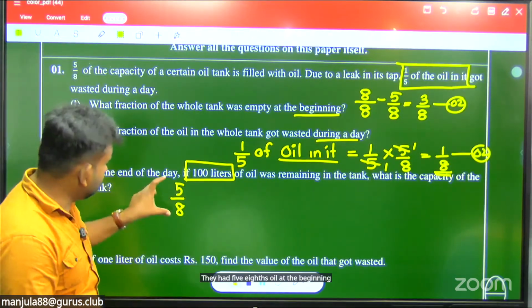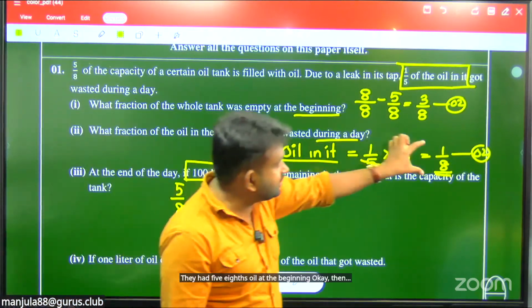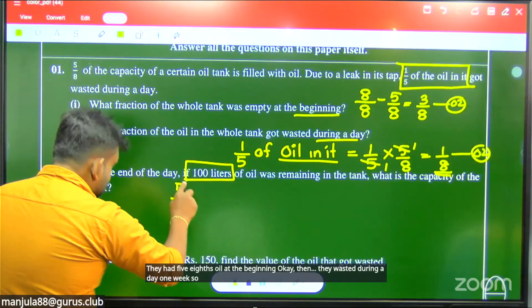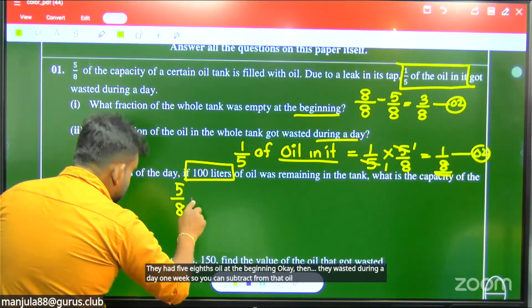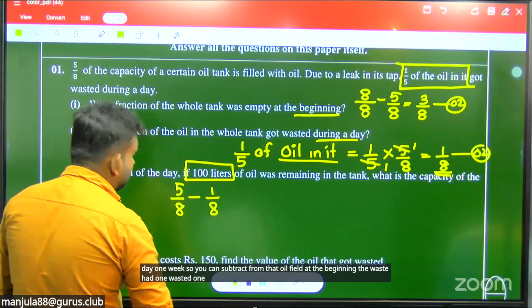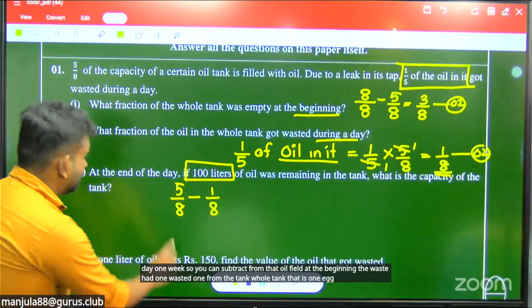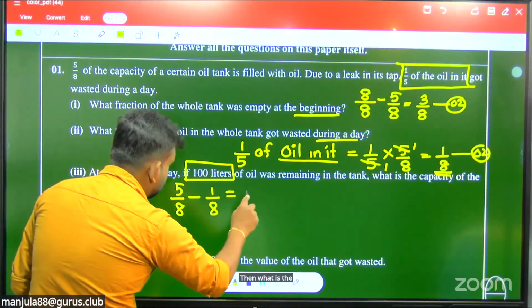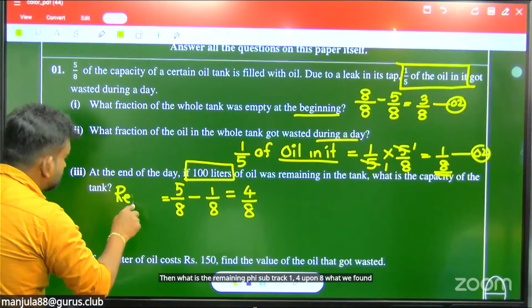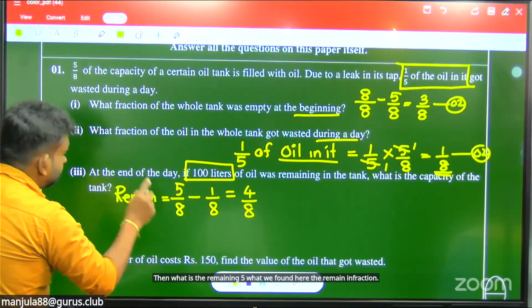Then they wasted during a day 1/8. So you can subtract from the oil filled at the beginning the wasted one from the whole tank, that is 1/8. Then what is the remaining? 5 subtract 1, 4 upon 8. What we found here is the remaining fraction.